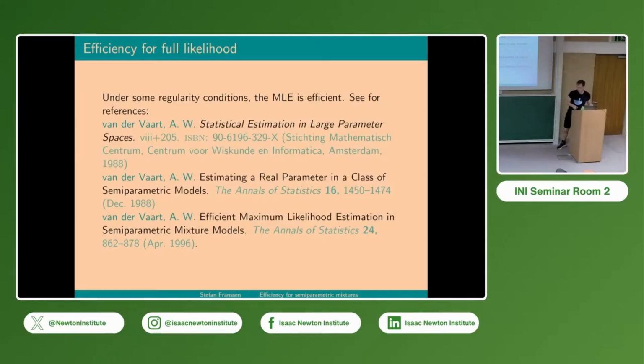He has written a whole bunch of papers on explicitly this problem, trying to estimate using the maximum likelihood estimator and getting efficient estimation. There are even more papers than this, but basically it turns out that we need to somehow be able to understand the least favorable submodel very well to prove that all the conditions in the theorems are verified.